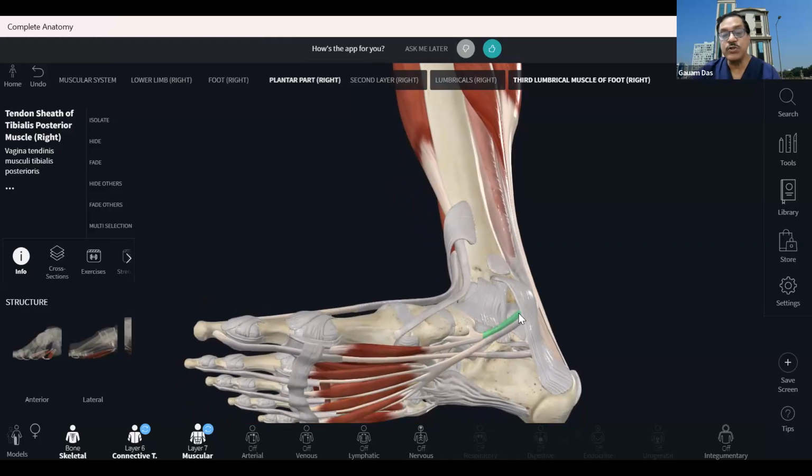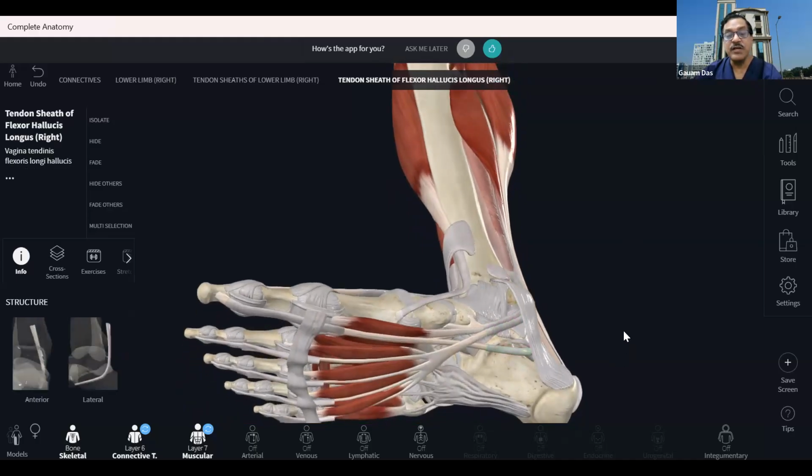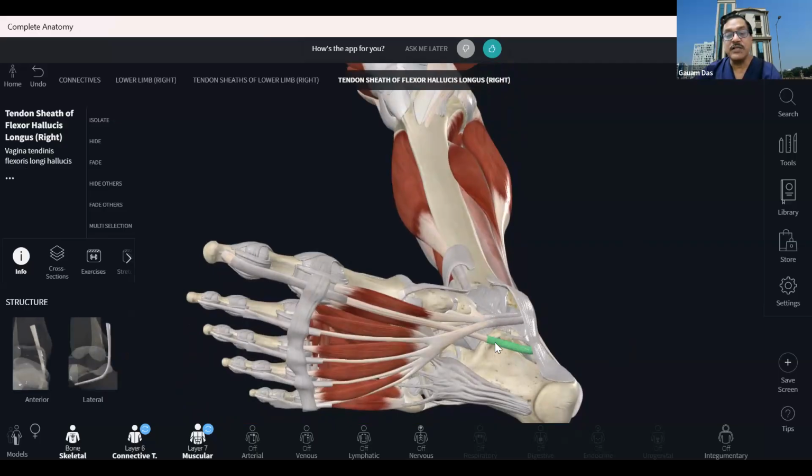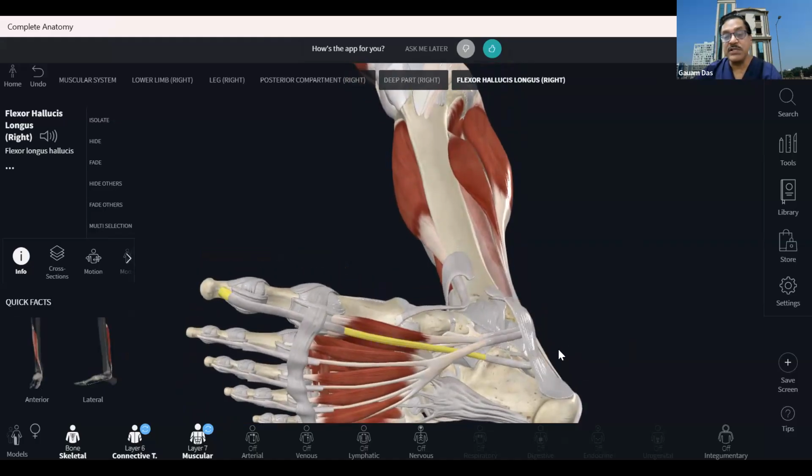Tom was tibialis posterior, Dick was flexor digitorum, and Harry was the flexor hallucis longus. It is the most posterior tendon in the ankle, and it goes straight towards the base of the distal phalanx. And here is your flexor digitorum, and they are crossing this area.